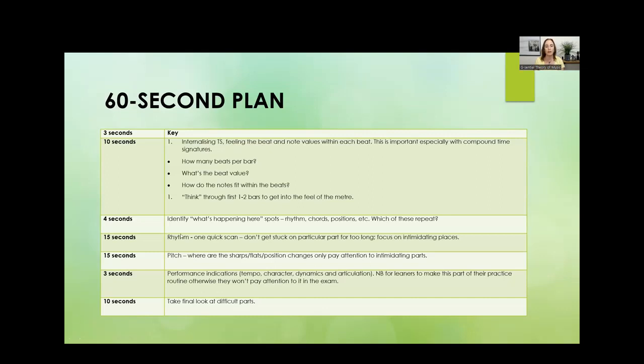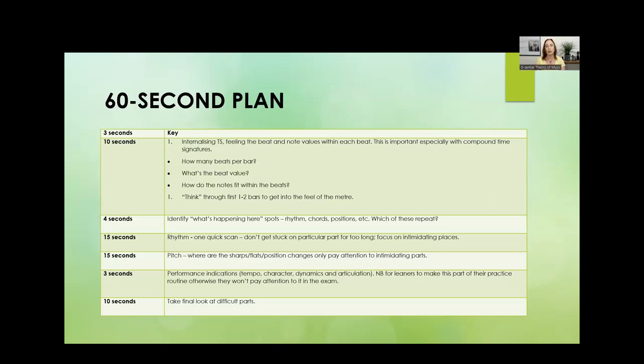Then 4 seconds to identify what's happening here. So, you know, if you just zoom out, if that examiner puts the sight reading piece in front of them, they already can see these places that intimidate them.